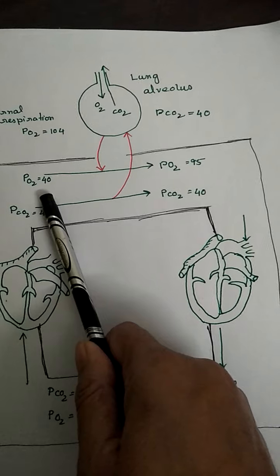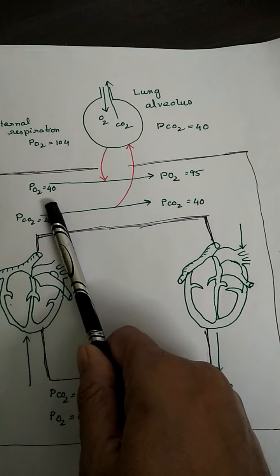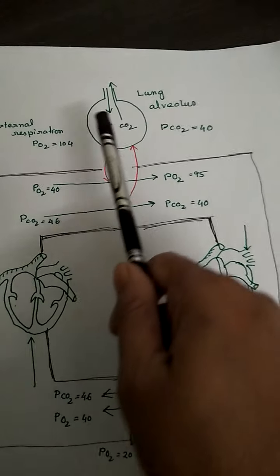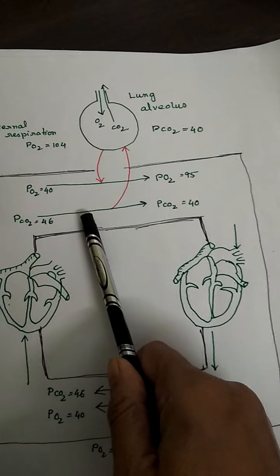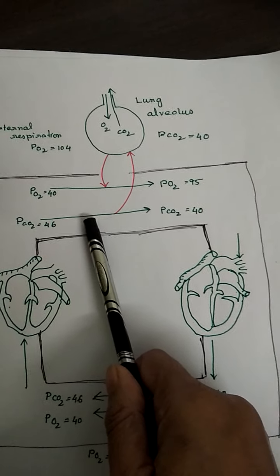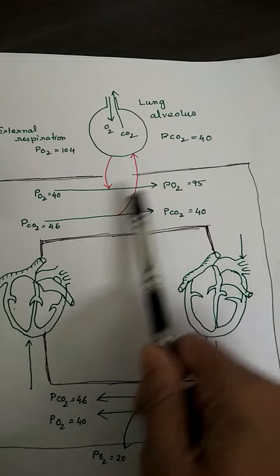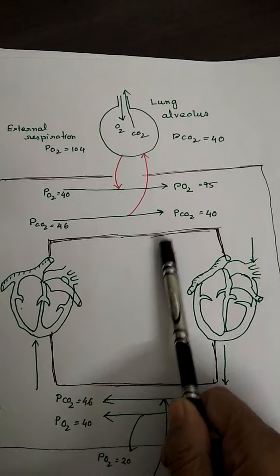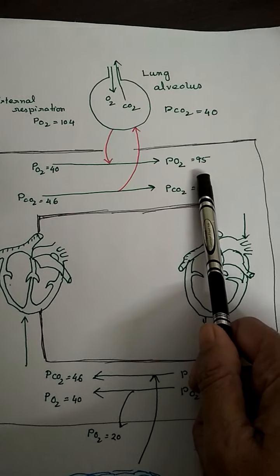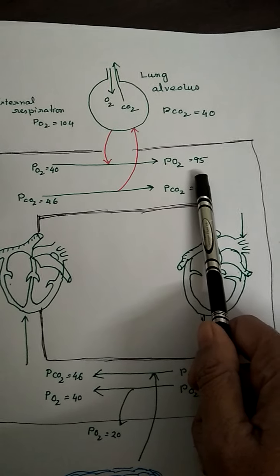The difference between the two, 104 and 40, is 64. So oxygen moves from high pressure to low pressure, and the partial pressure in the blood increases as it passes through the capillary. In the capillary, the partial pressure of oxygen becomes 95 mm Hg.